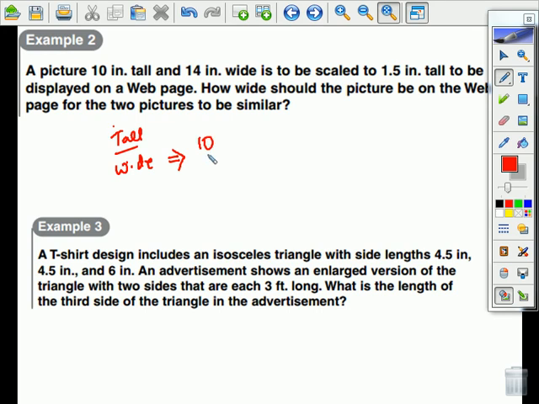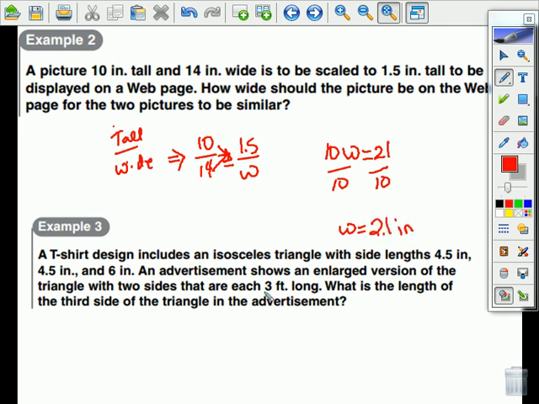It's 10 inches tall over 14 inches wide, and that is proportional to 1.5 inches tall over an unknown width. Now I just do the cross product, so I get 10W equals 14 times 1.5, which is 21. Divide by the 10, and the new width should be 2 1/10 inches. So to scale it down, it needs to be 1.5 inches by 2 1/10 inches.